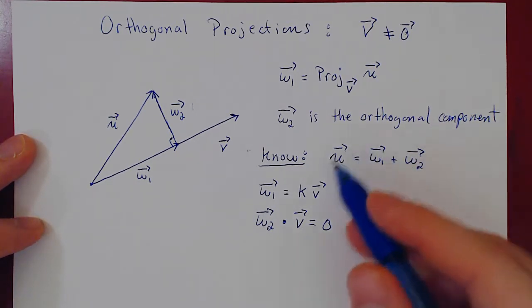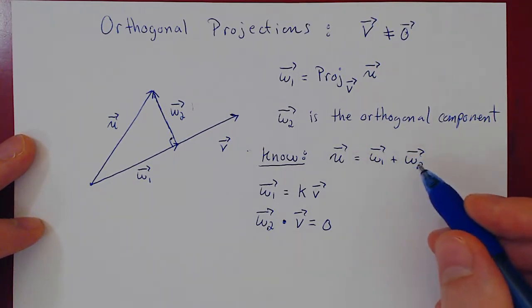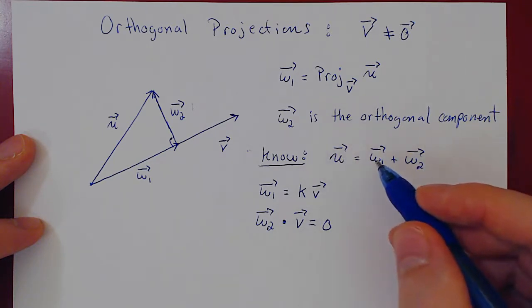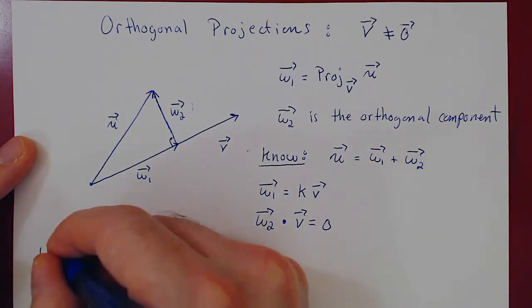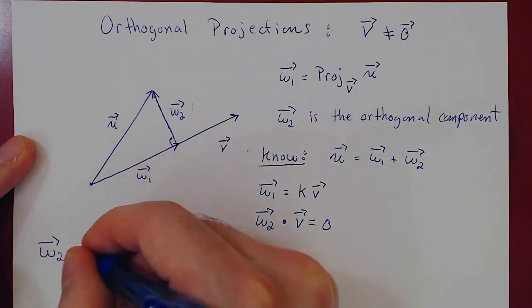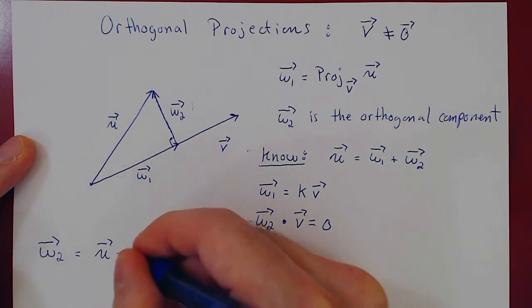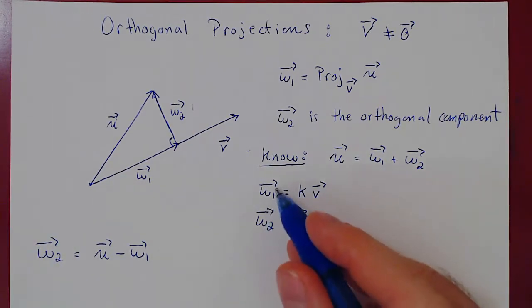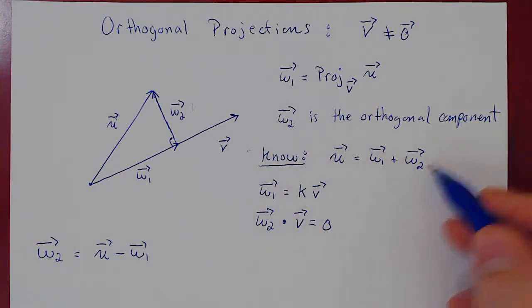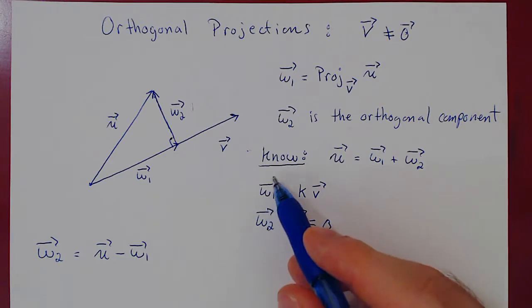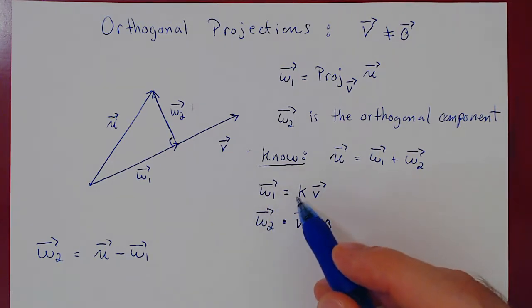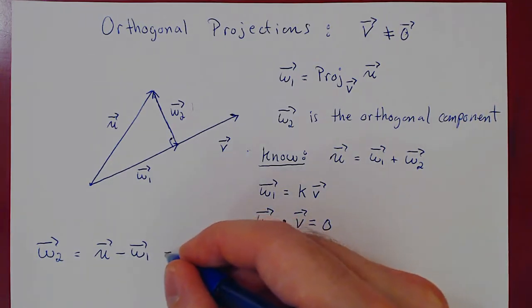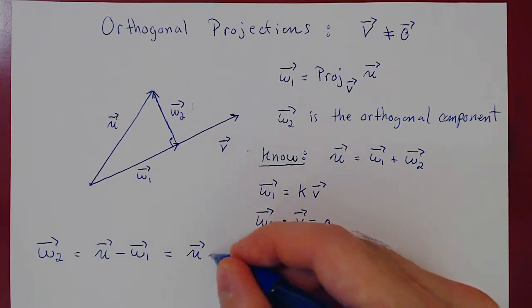Well, look at this equality. Let us isolate w2 as u minus w1. And now let us replace w1. So we've used this equality, gone. Let us now replace w1 in terms of v, kv, just some multiple of v. So we get u minus kv.